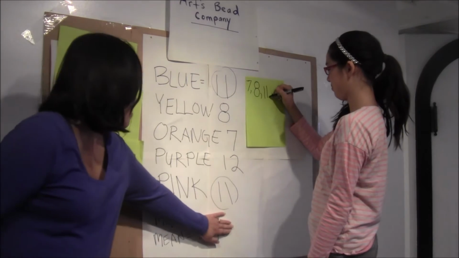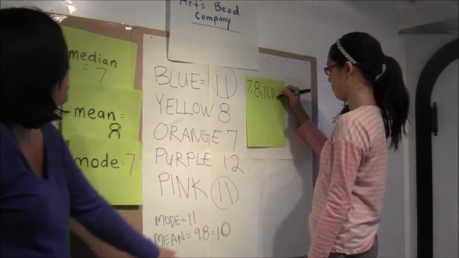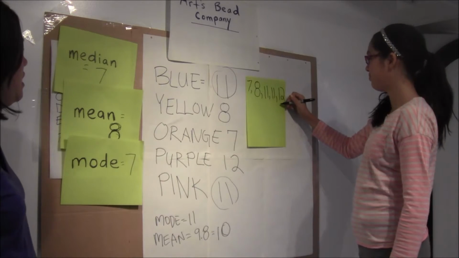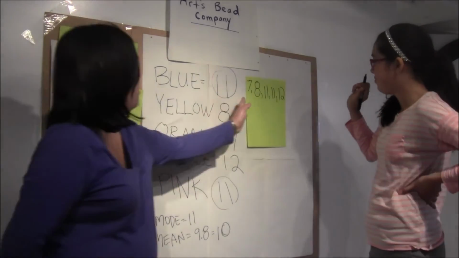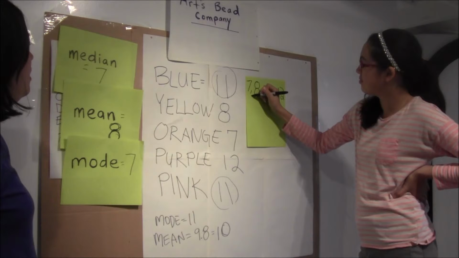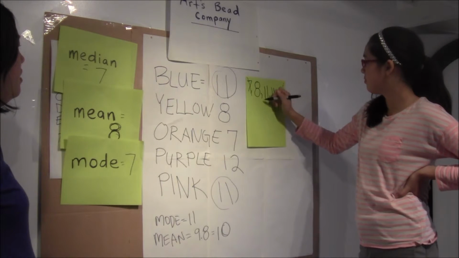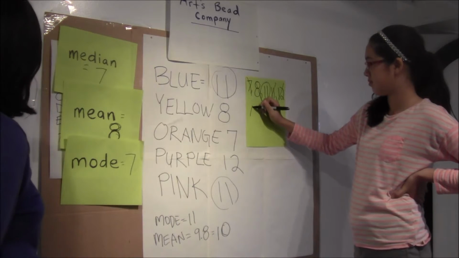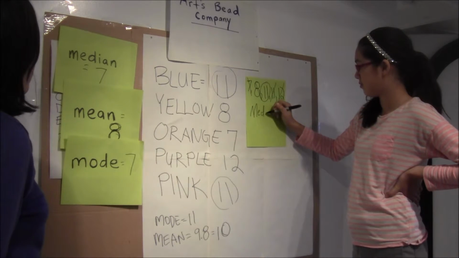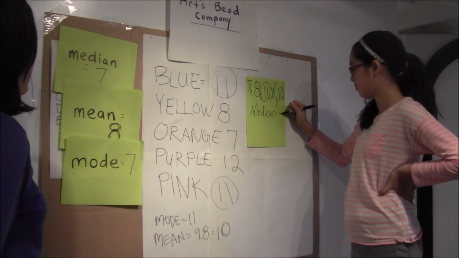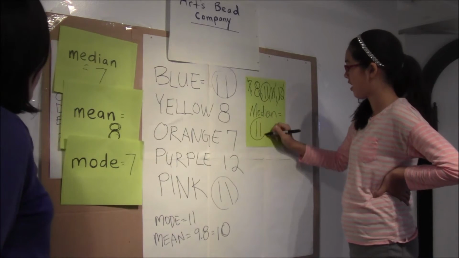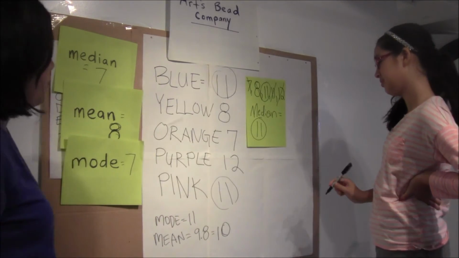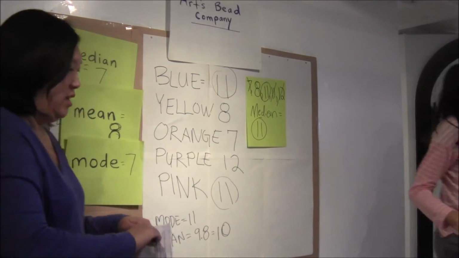Don't get confused by this part. Okay, you wrote your numbers in sequential order from smallest to largest. All right. So our median is 11. So that actually matches our mode. Pretty good. Thank you very much.